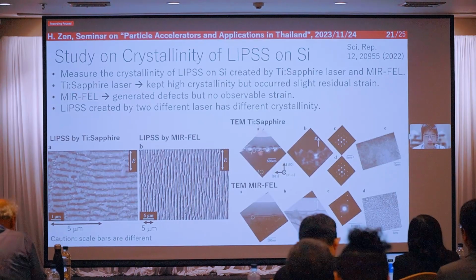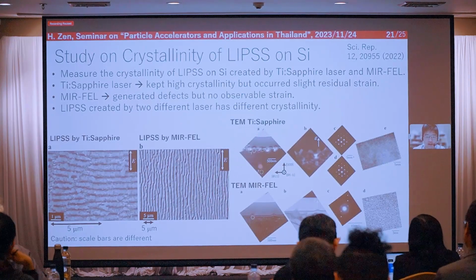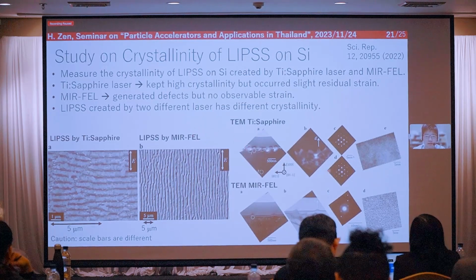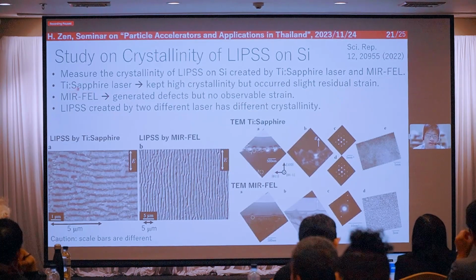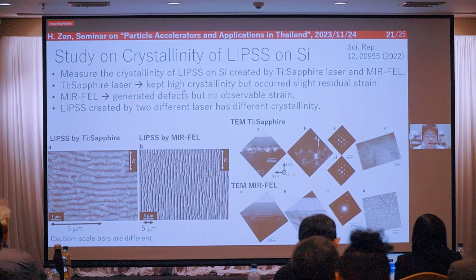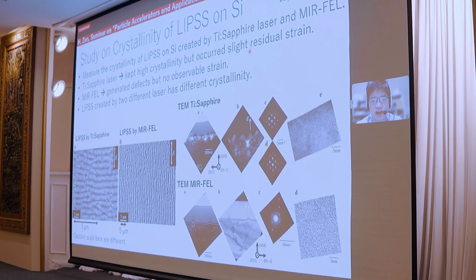And then they used TEM and X-ray from a synchrotron radiation source to characterize crystallinity, and they found that the LIPSS created by titanium sapphire laser kept a high crystallinity, but has a slight residual strain.